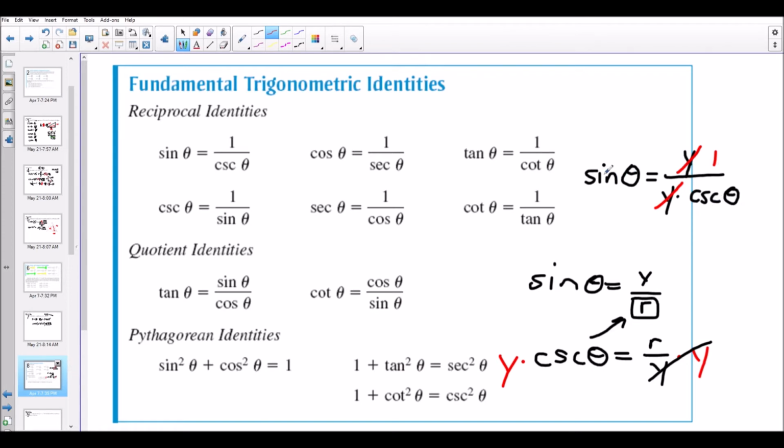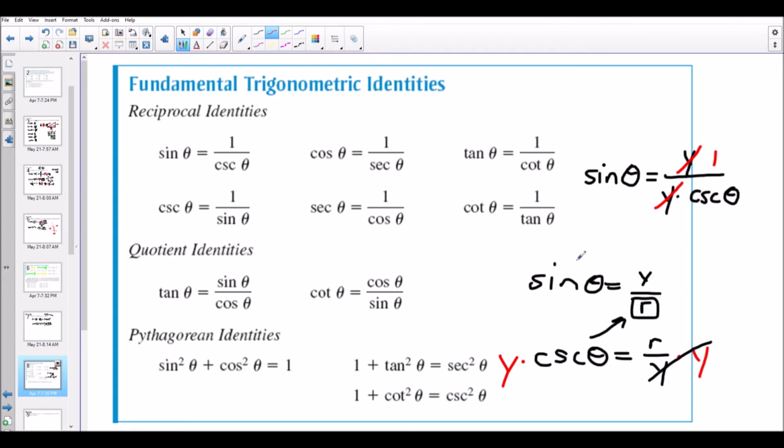And all of a sudden, lo and behold, you've got the sine of theta equals 1 divided by the cosecant of theta. So there's this relationship that we can develop from the sine and cosecant. The sine of theta is equal to 1 divided by whatever the cosecant of theta is. And this same relationship can be extrapolated for all the rest of these reciprocal identities. You could do the exact same thing with cosine and secant, and vice versa.